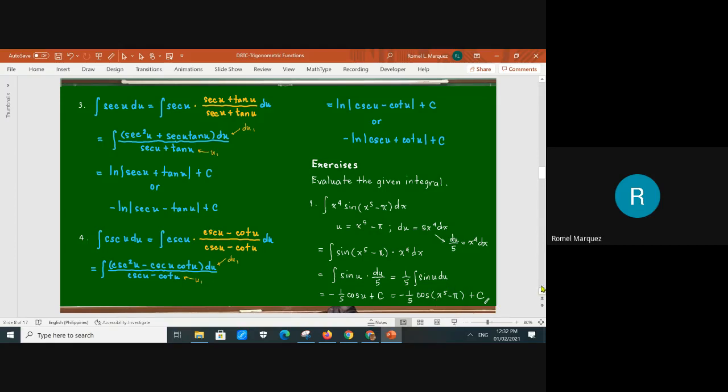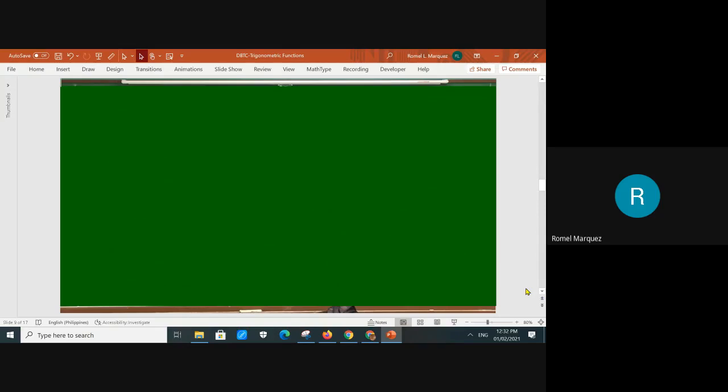Okay? So let's say it's a multiple choice. That's the trick normally in board exam. You have choices A, B, C, D, and you won't see the answer that you had, for instance. But if you won't notice, the answer is actually there, but let's say it is positive 1/5 cosine x to the fifth.